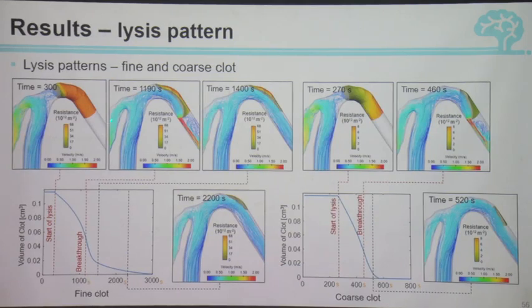Now, we've got a lot of the picture here. This shows the lysis pattern for a fine and a coarse clot. The fine clot is on the left and the coarse clot is on the right. So this is what the flow field looked like initially.